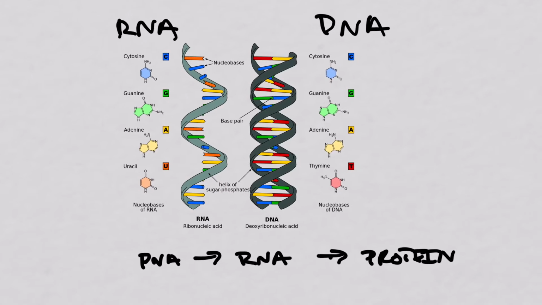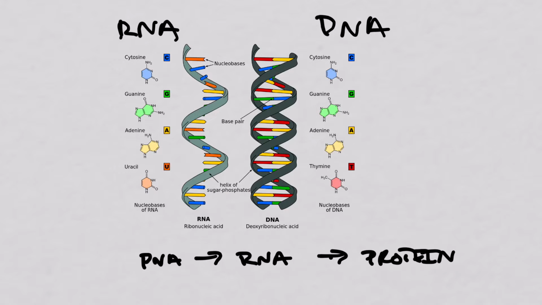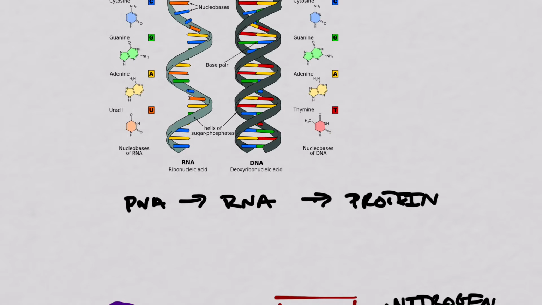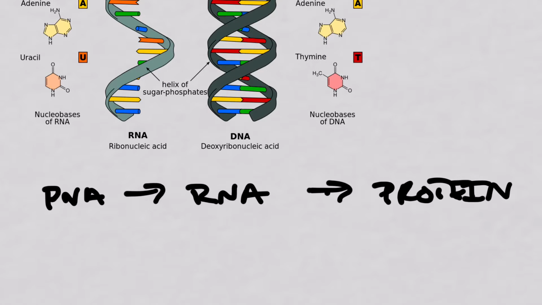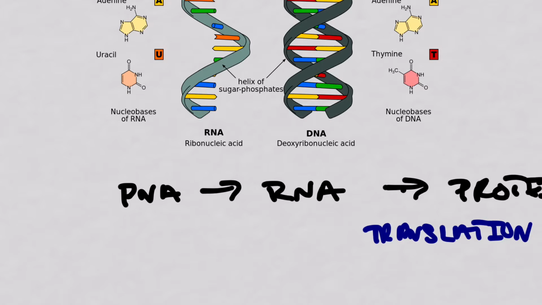And we're going to be looking at this more in depth. We already talked pretty extensively about this step, which is translation, RNA to protein. But we're going to talk about most of them more in depth, transcription.